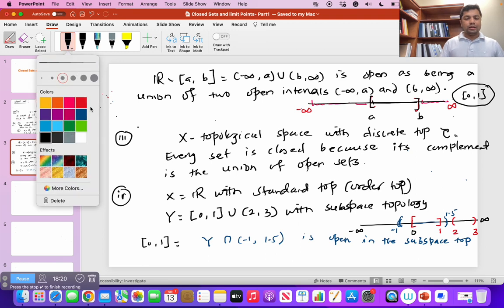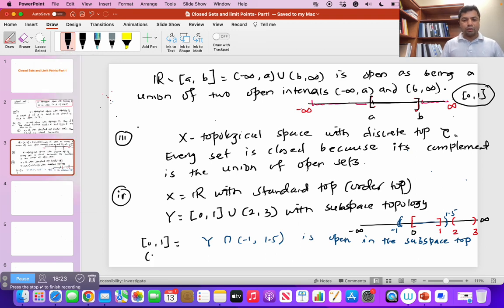Similarly, we can conclude that the other interval in Y, which is 2 to 3, can be written as the intersection of Y and an open set. Let's say this one is 1.5 and that one is 4.